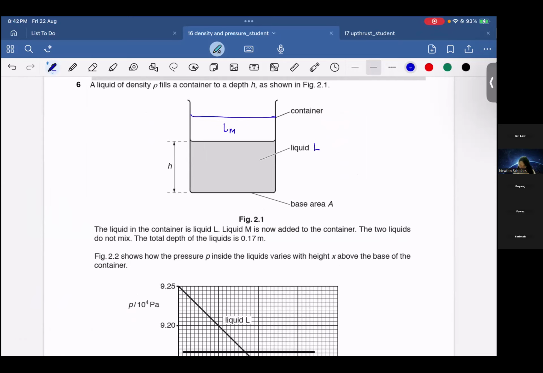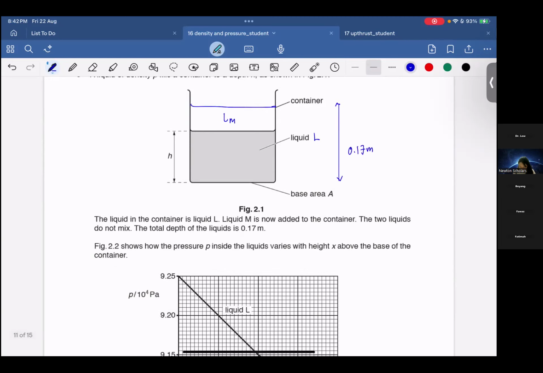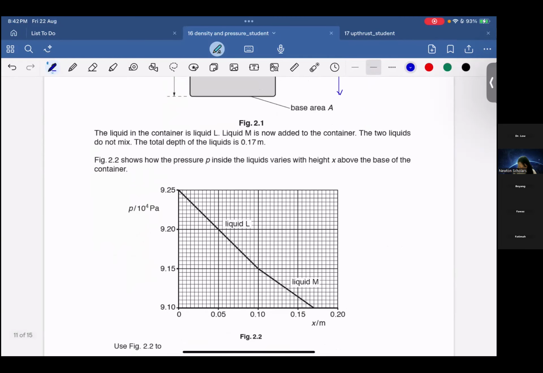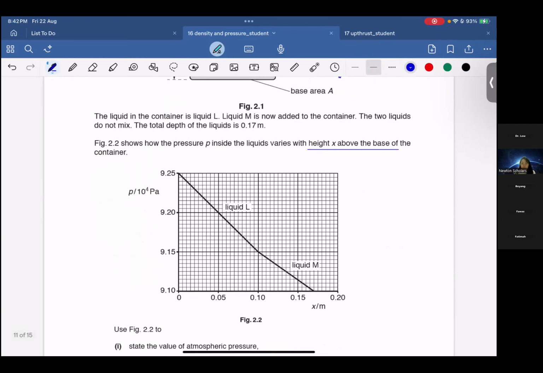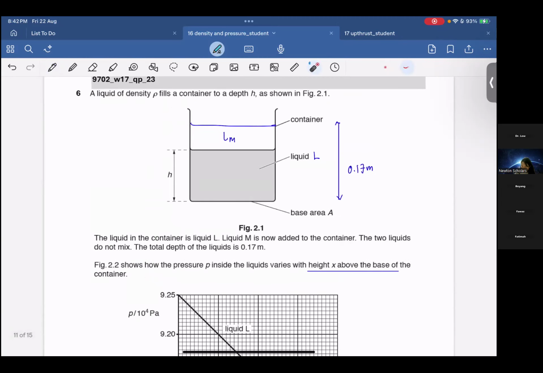The two liquids do not mix. The total depth is 0.17 meter. Figure 2.2 shows how the pressure P inside the liquid changes with the height above the base of the container. That means this graph is measured from the base going up.